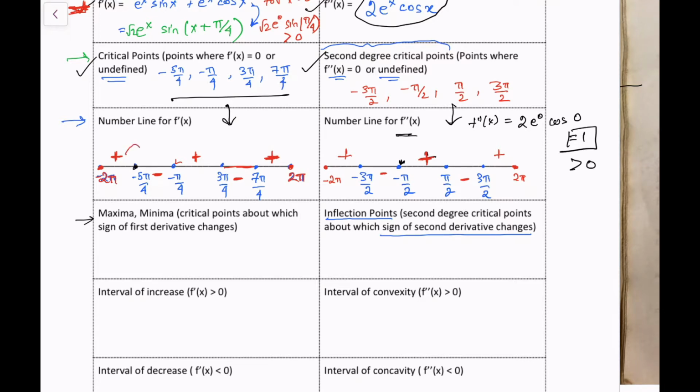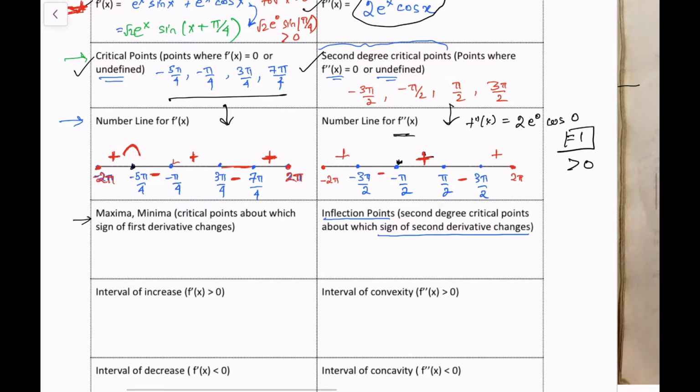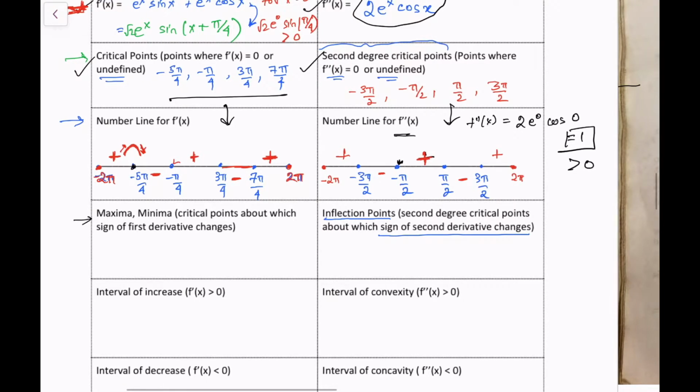So let me denote it like this. And you can see why. Because before negative pi by 4 it is increasing, so the first derivative is positive. After negative pi by 4 it is decreasing, so the first derivative is negative.